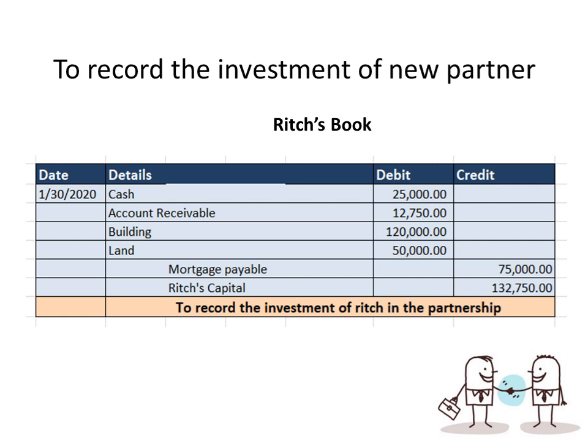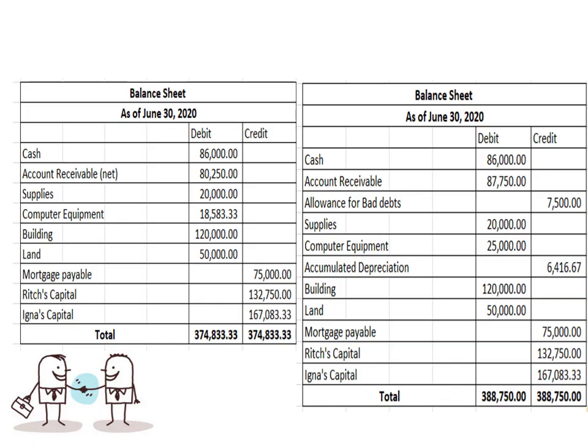And then land 50,000. And take note, we did not record any of the unearned revenue and salaries payable because, as agreed, it will not be assumed by the partnership. Hence, it will be borne by Rich herself. So we debit mortgage payable 75,000 and Rich capital 132,750.